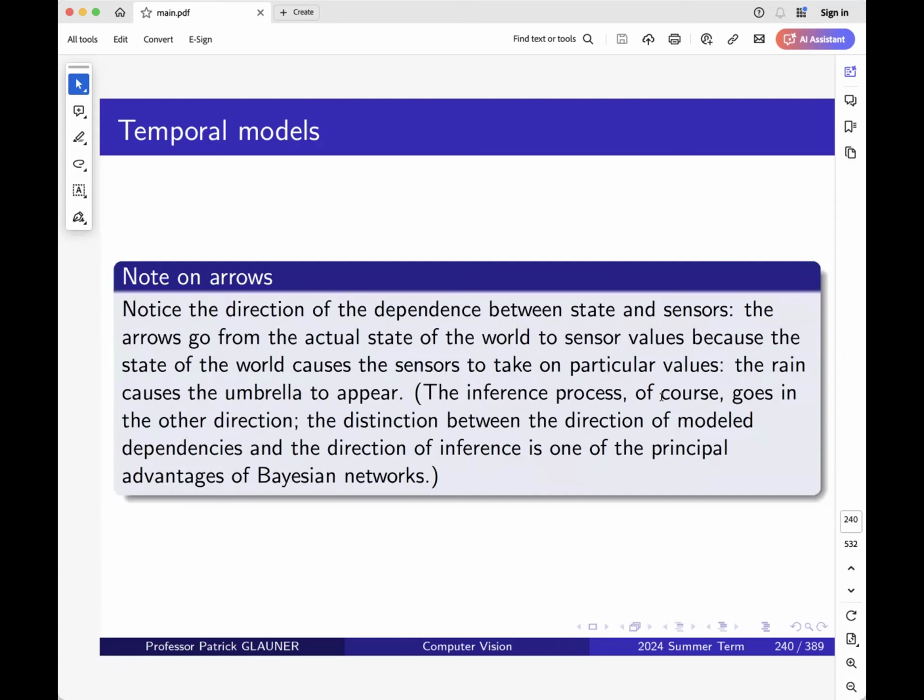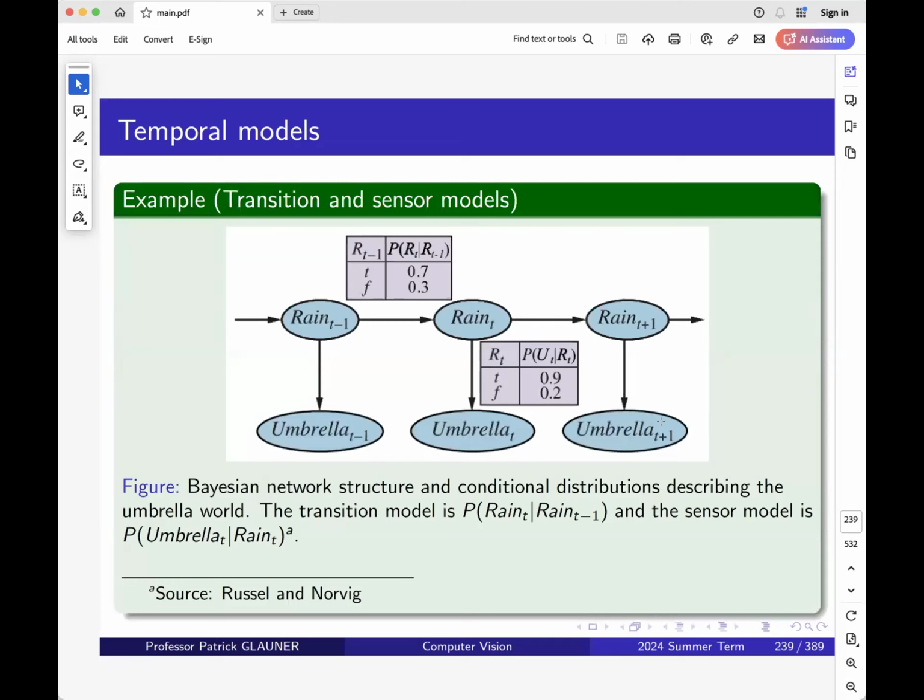This is written in detail in here, but it's just what I have said. Obviously, later when we do inference, we want to know if there is rain, given that the director brings an umbrella, because that's the goal of filtering. We want to infer what we don't know, given the evidence. And then the arrow would be in the opposite direction when you do inference.